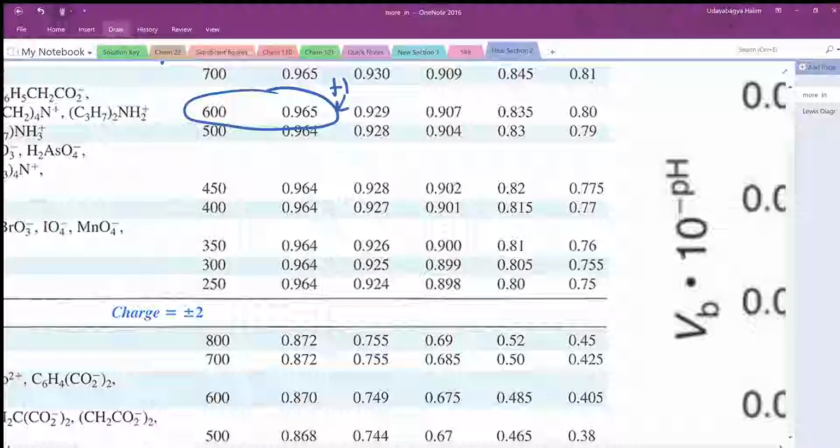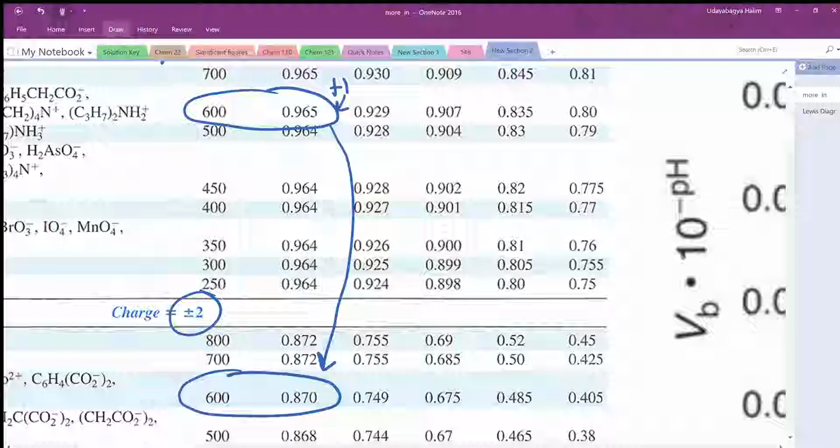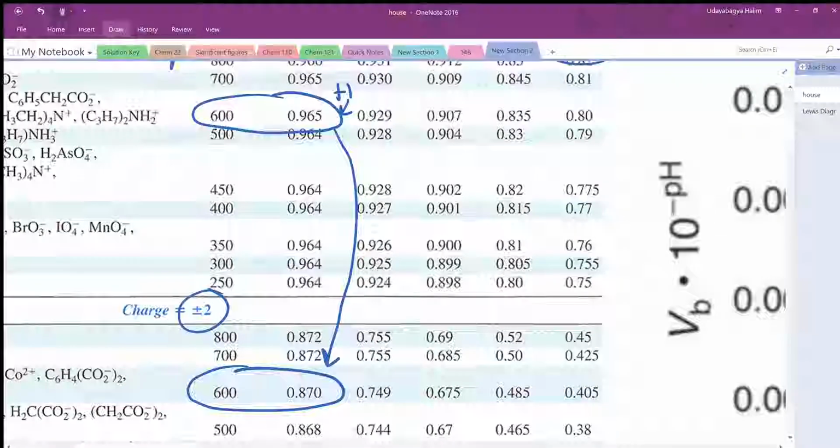But if your charge is +2, at 600 picometer, your activity is going to go down as well. Again, it's because you have more charge, so it's going to gather inert ions around it better, so it's going to have a little bit more shield around it. So the activity goes down. The thing to remember is that the activity more or less goes down. Now that's just the conceptual part. Any questions so far?